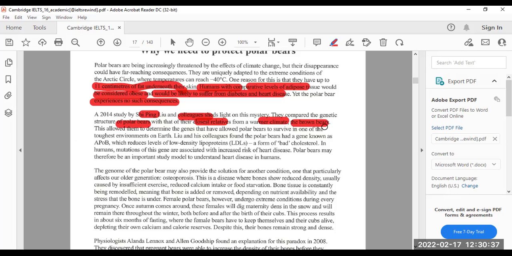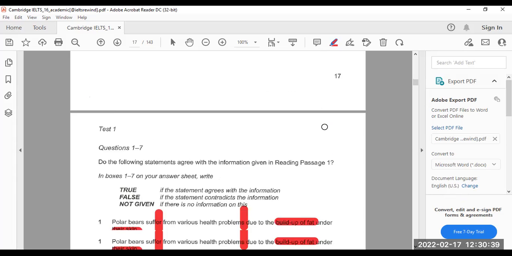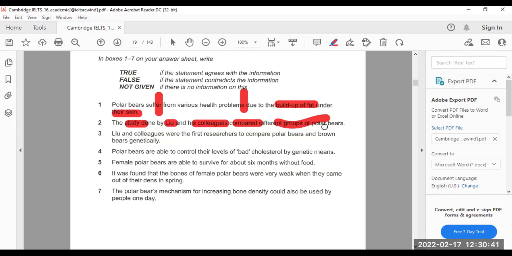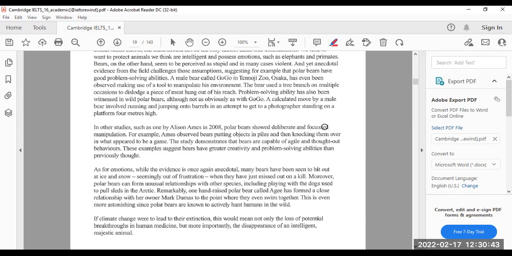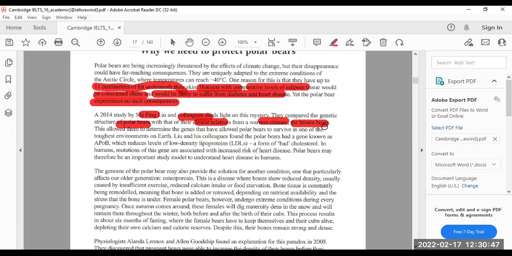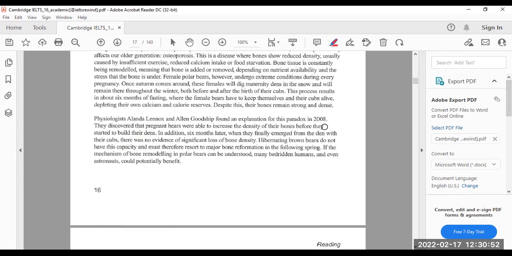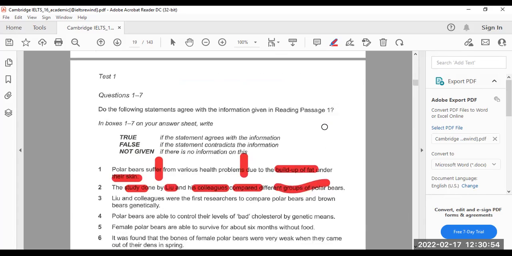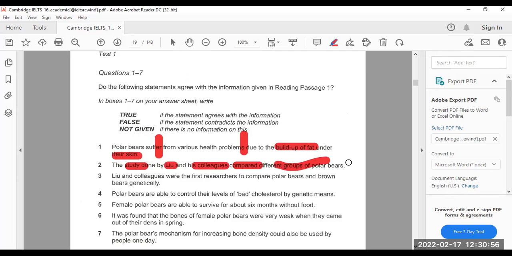So my question here is, they compared the different groups of polar bears, but here it is, they compared the polar bear with the brown bear. You understand? So the given statement is false. Okay. The second statement is also false.